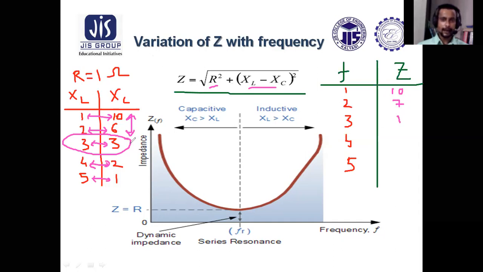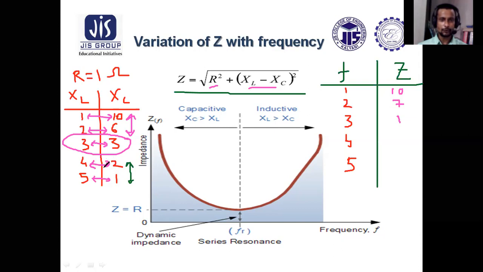Again, after resonance, what happens? Again, Z is increasing. See here, 4 minus 2 is 2, 5 minus 1 is 4.